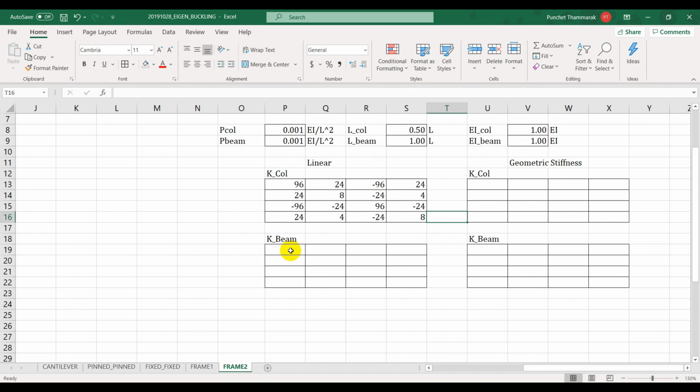Likewise for the beam, 12 times EI beam over L beam cubed, 6 times EI beam over L square, and then 4 times EI beam over length of the beam, and this is 2 times EI beam over length.